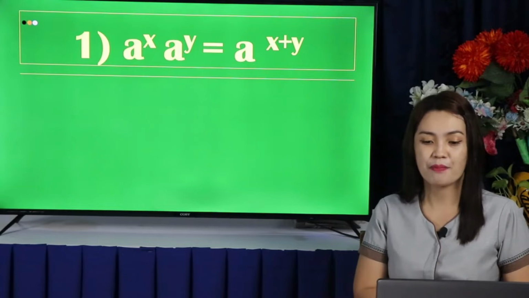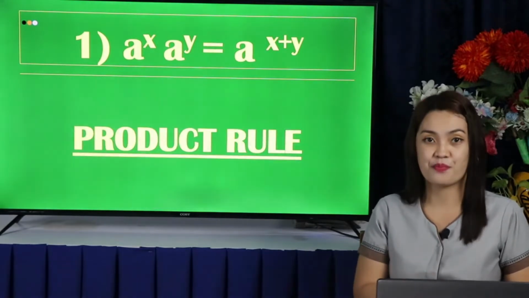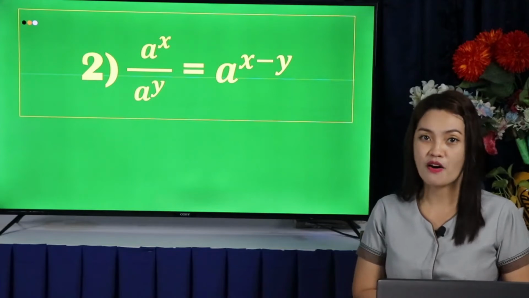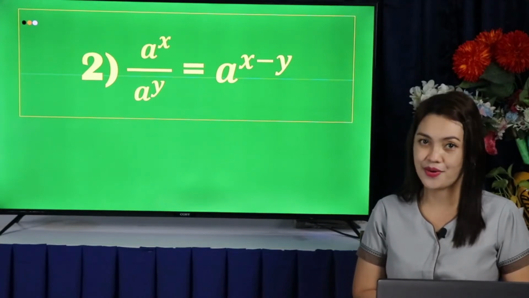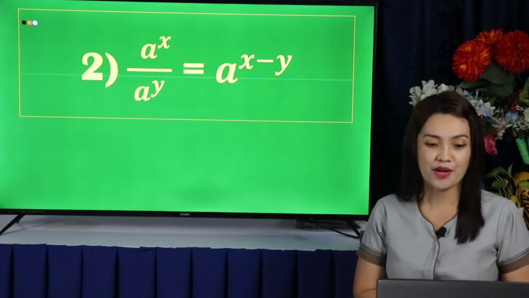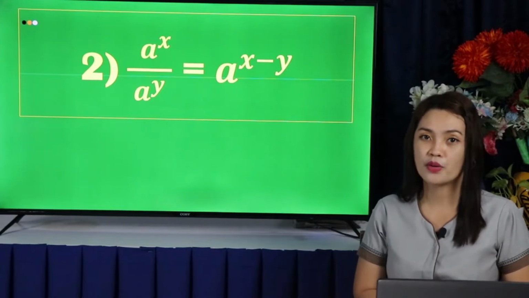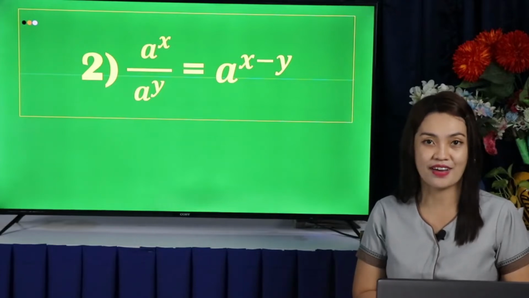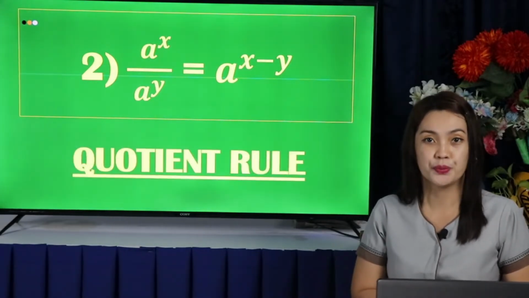What rule is being applied to this? It is the product rule. Number 2. a raised to the power of x divided by a raised to the power of y equals a raised to the power of x minus y. Tell me what rule applies to the given. It is the quotient rule.